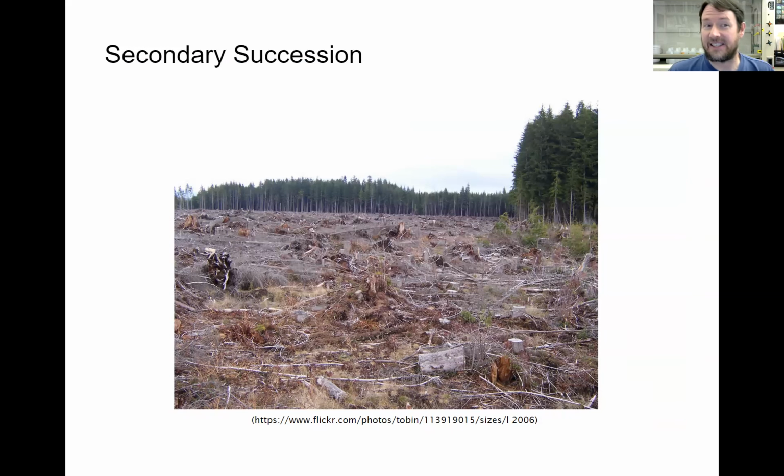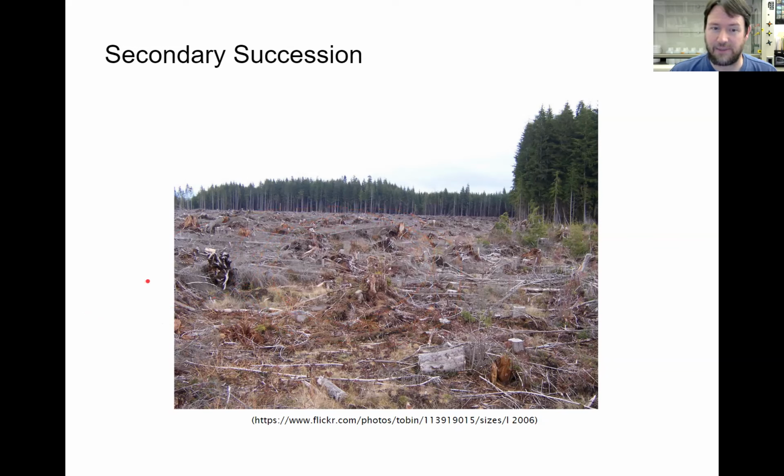A different kind of succession is called secondary succession, and that is where there's a pre-existing biological community and a fairly severe disturbance which knocks the whole process of succession back to an earlier stage. It doesn't completely sterilize. We aren't starting from bare ground for terrestrial examples of this succession, but we are starting with a vastly different community.